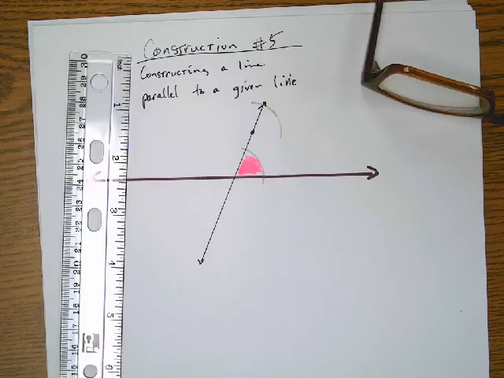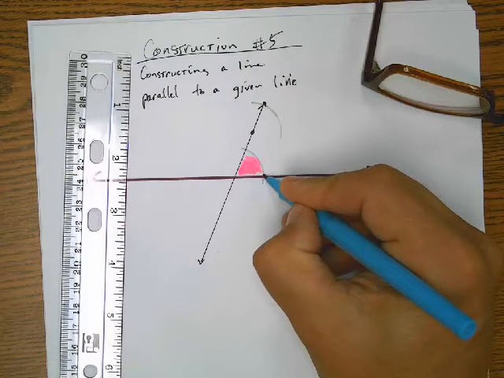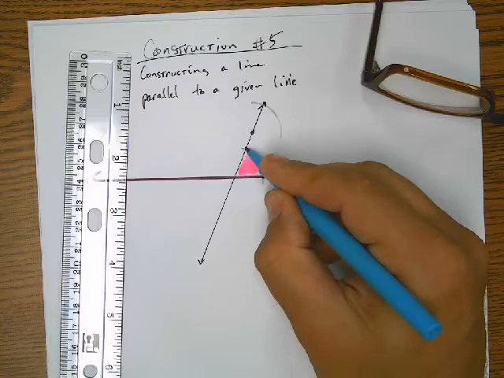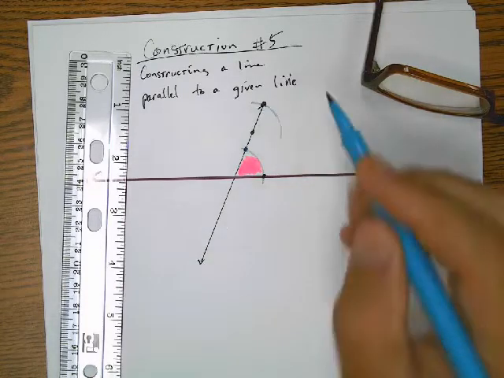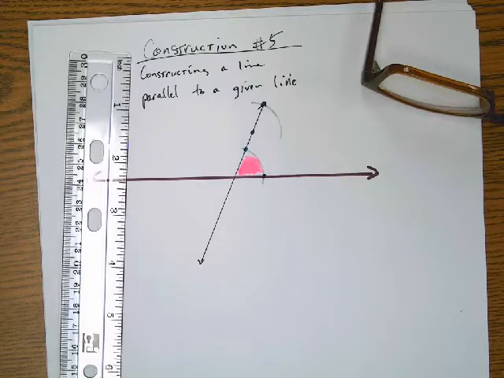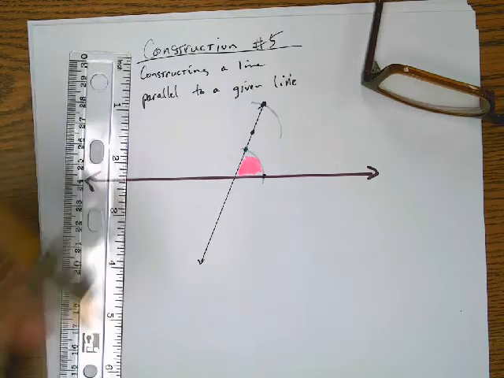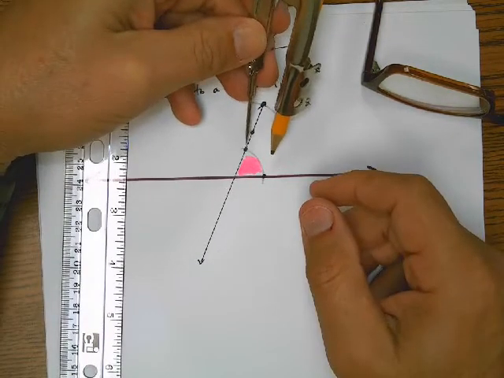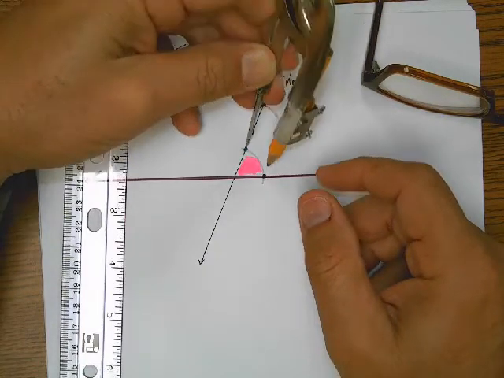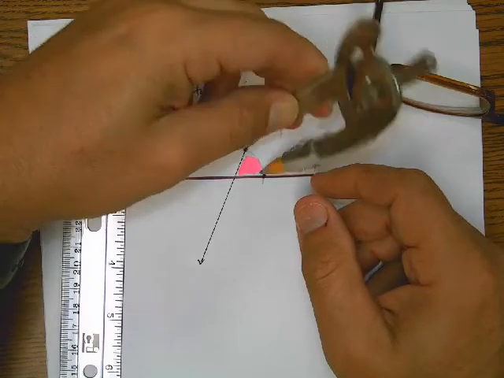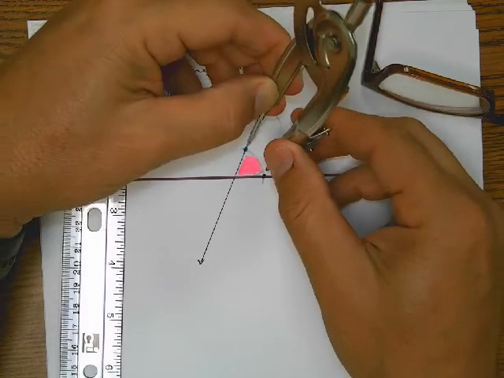Now, not all teachers do this, but I like to highlight the points of intersection. And then I go between and find the width between. That one's a little short, so I got to widen it out a little bit.